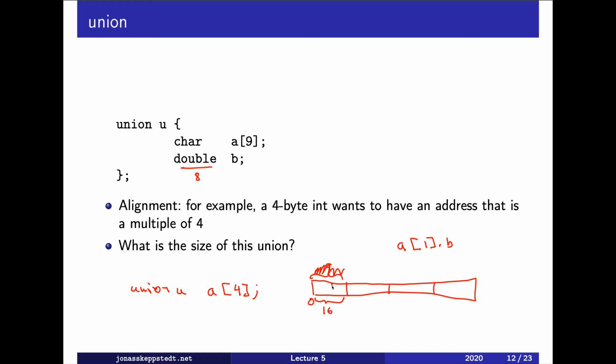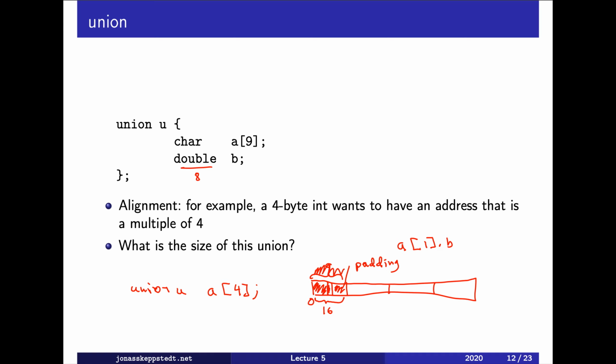And the union will be here, and this is empty. I have mentioned things like this before, and it's called padding. So B will be the first here, and the last element there will be this byte.